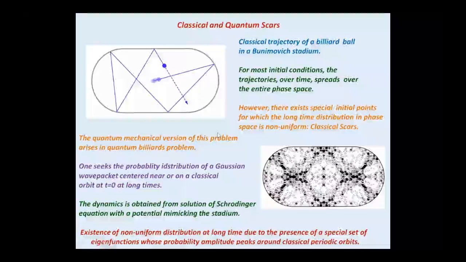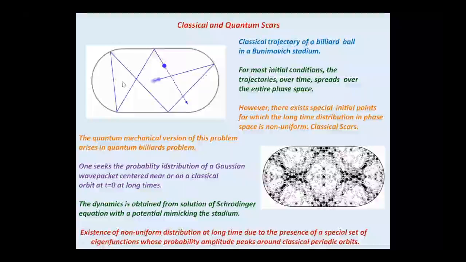Now, what is the quantum mechanical version of this? The quantum mechanical version is understood by taking a Schrodinger equation where the potential mimics this stadium potential. There are some hard walls of this shape, and one seeks the probability distribution of a Gaussian wave packet centered near or on a classical orbit, something like this, at t equal to 0, at long times.